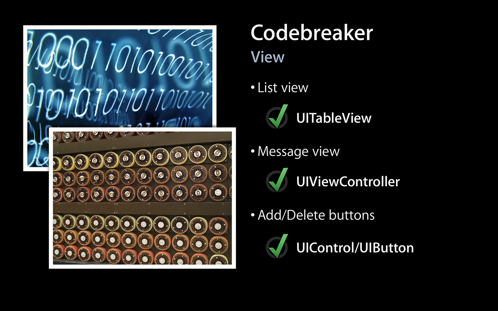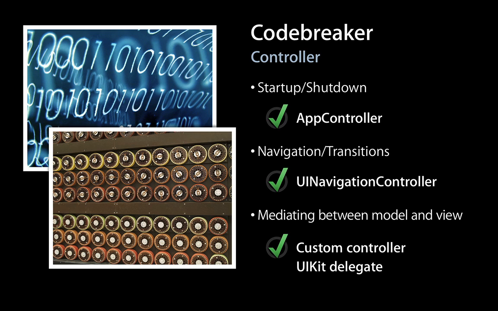In terms of the view, you can imagine, use table views to show lists and use UIViewControllers as the documentation suggests that you should. Again, don't re-implement, don't make custom buttons. Try to use what the framework gives you to do those common interface jobs. And in terms of controllers, for startup and shutdown, we have this app controller design pattern, you might say.